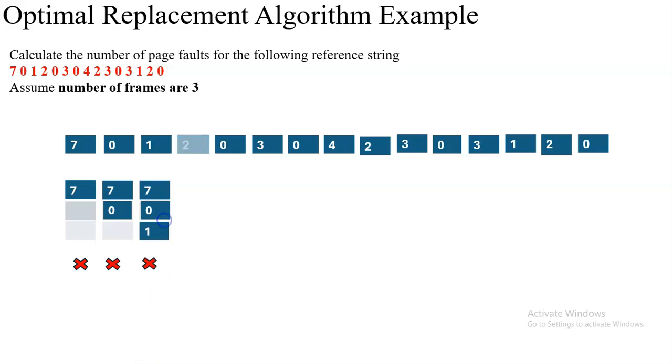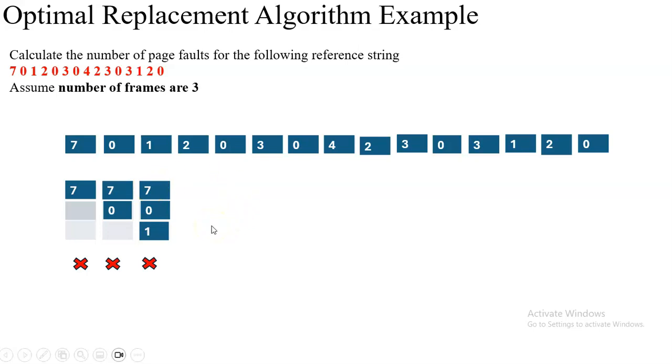Now comes 2. When 2 comes, we have to check: all 3 frames are occupied, they are not empty. So now we have a challenge. Out of these frames, which frame is to be emptied so that 2 can occupy it?